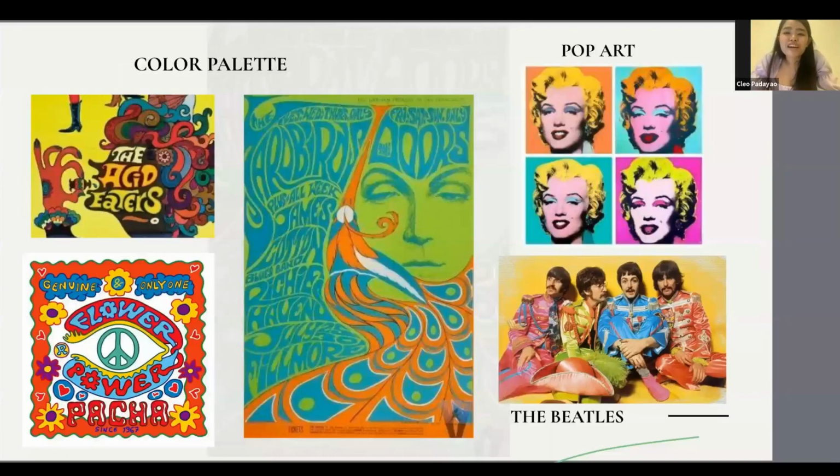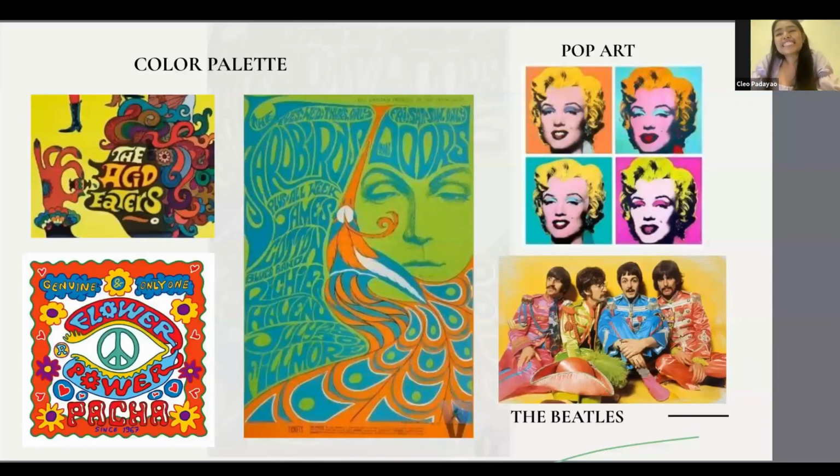And the phrase flower power was also introduced. And then pop art was very prominent during this time. And the Beatles were very popular and very much idolized by the young people.